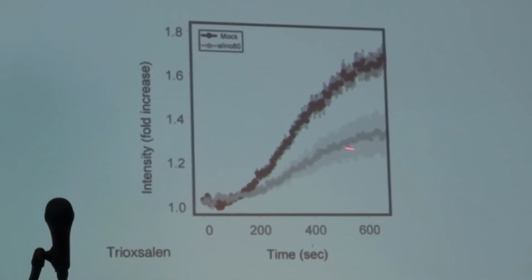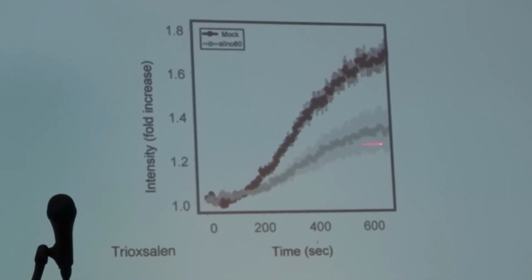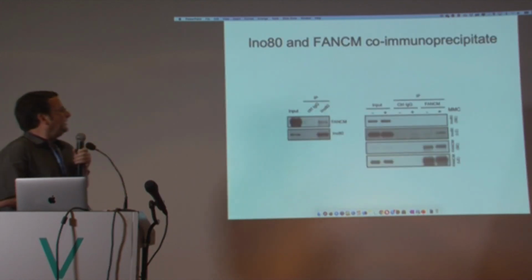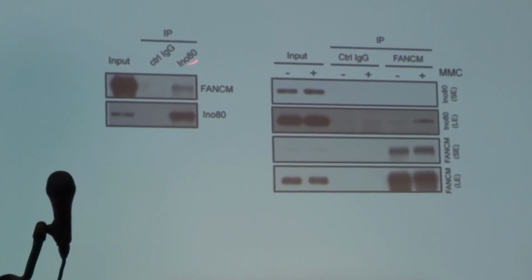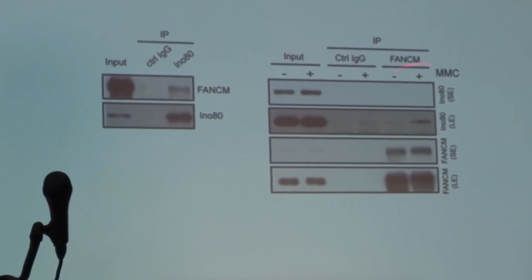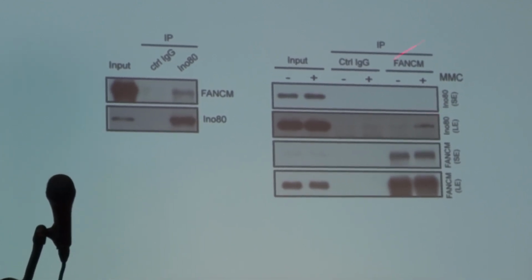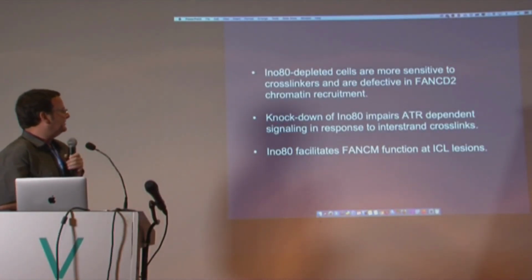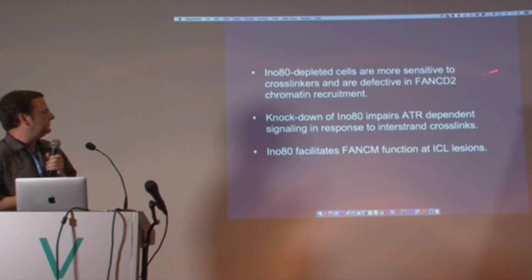Live cell imaging also indicated that FANCD2 accumulation at sites of interstrand crosslinks was impaired in INO80 depleted cells, and we could IP FANCD2 with an antibody against INO80 and INO80 with an antibody against FANCD2 when inducing crosslinking damage.